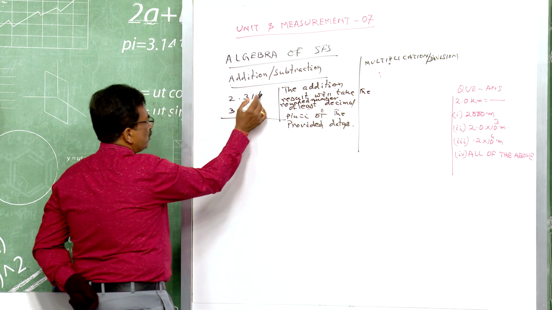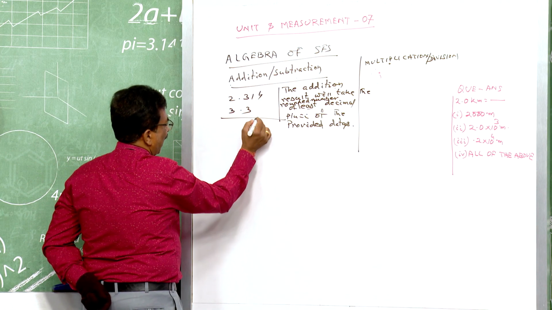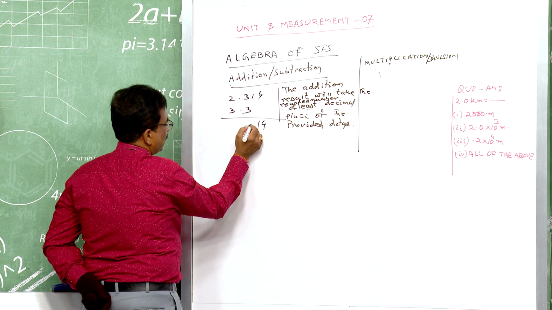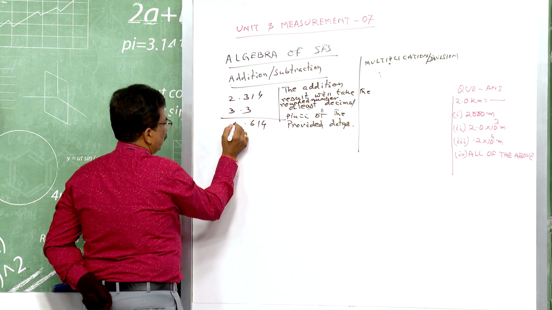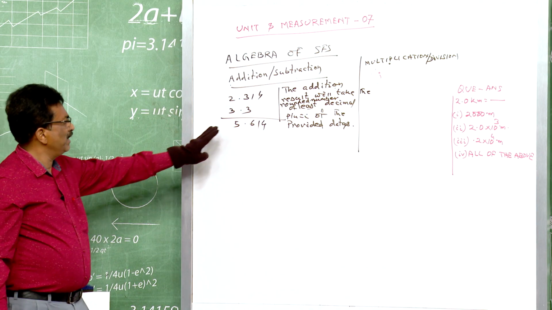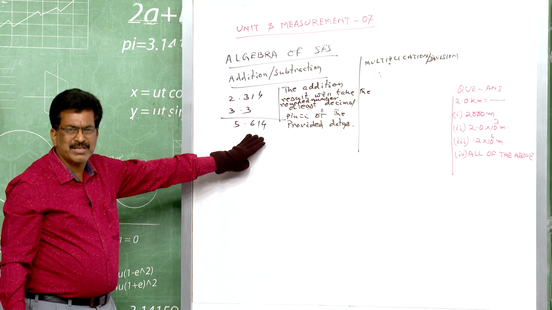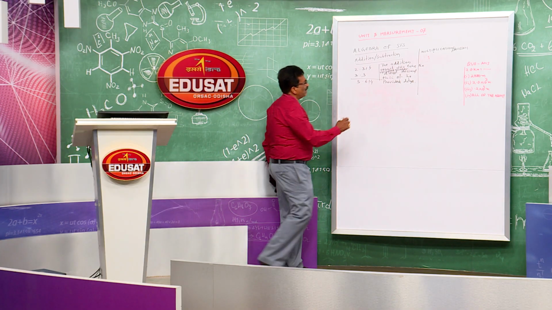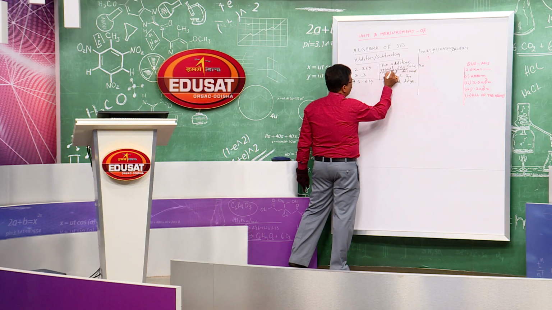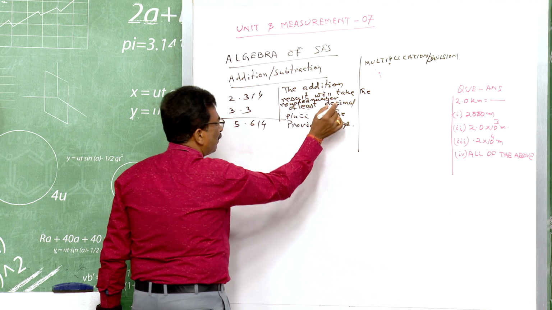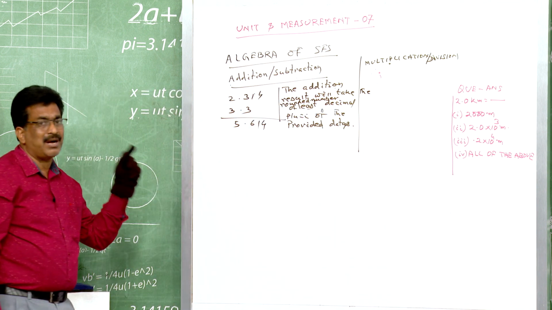Suppose this is the example. If we add them, this will be 4, this one will be 1, this 3 will be 6, then 2 and 3 will be 5. So if we add likewise, then this is the final answer. The addition result will take the rounded number of the least decimal places.